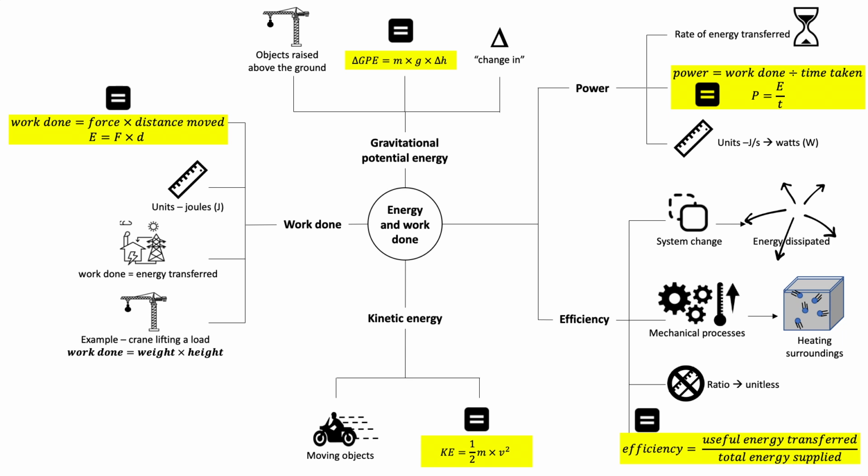So if we want to give an example, a crane lifting a load, the work done in doing that will be the weight of the load that is being lifted multiplied by the height at which the load has been lifted.